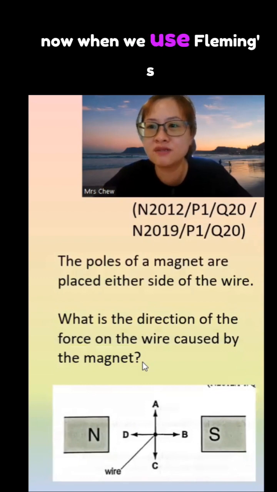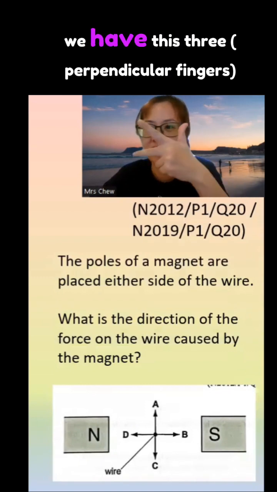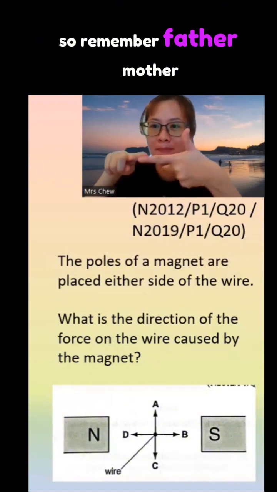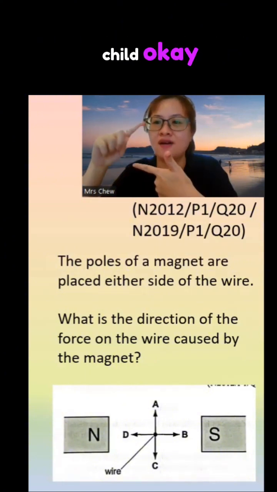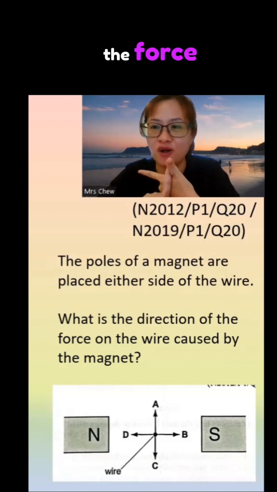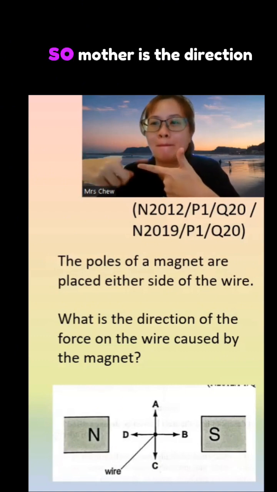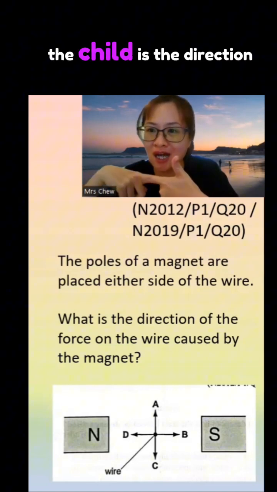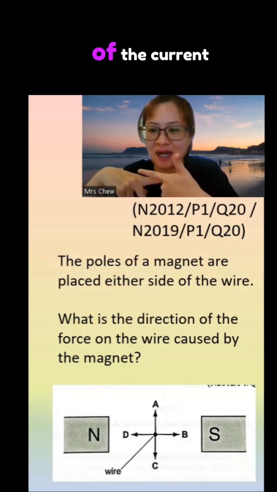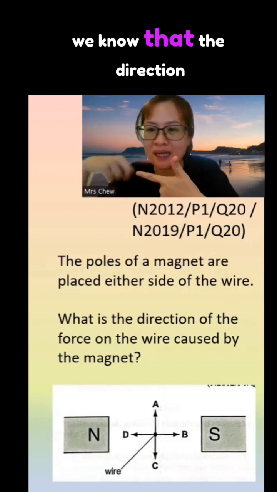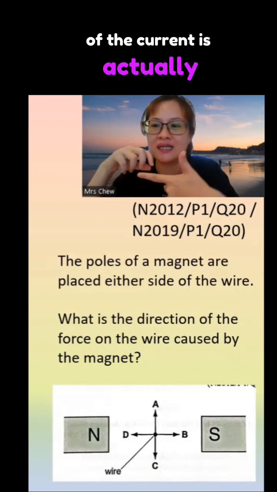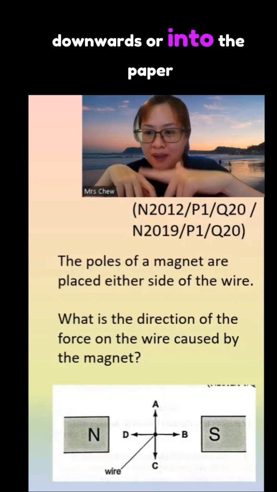Now, when we use Fleming's left-hand rule, we have these three, okay? So remember, father, mother, child. Father is the direction of the force, father F. Mother is the direction of the magnetic field, and the last one, the child, is the direction of the current. So we know that the direction of the current is actually downwards or into the paper.